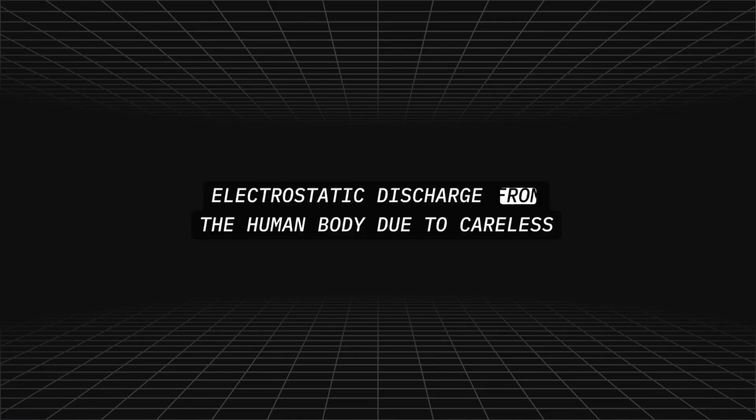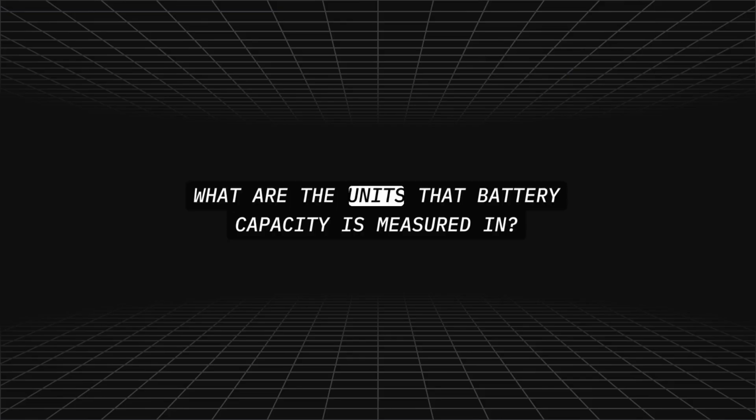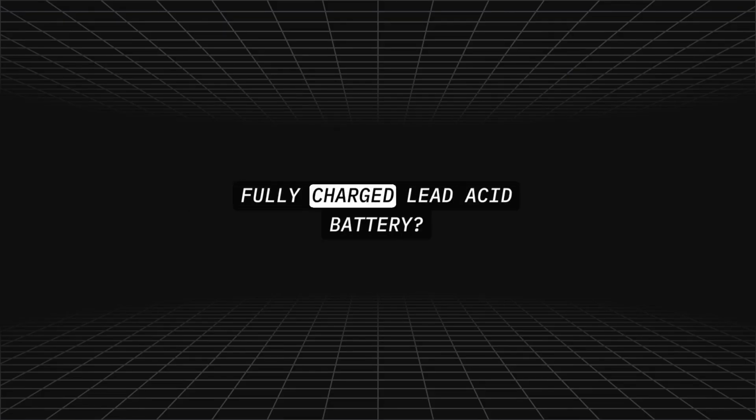Electrostatic discharge from the human body due to careless handling. What are the units that battery capacity is measured in? Amp hours. What should be the specific gravity of the electrolyte in a fully charged lead-acid battery?